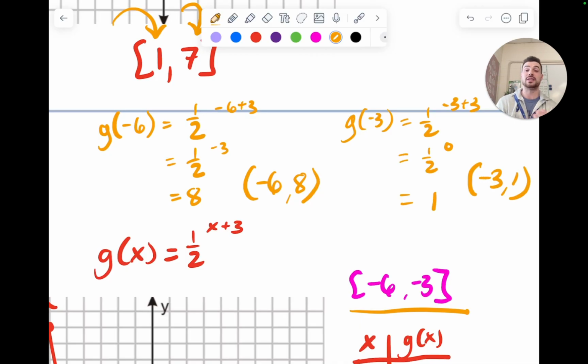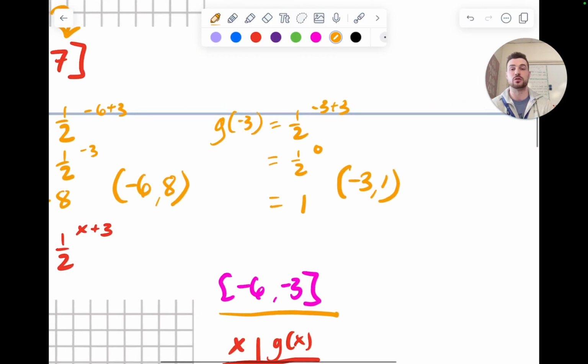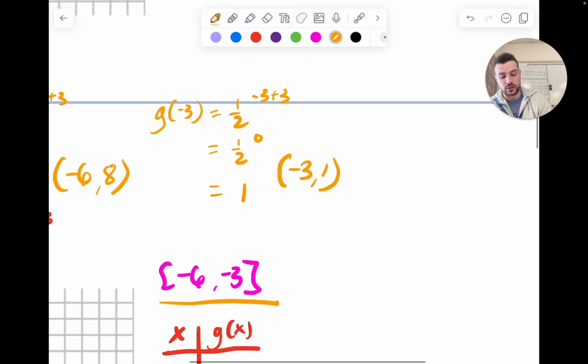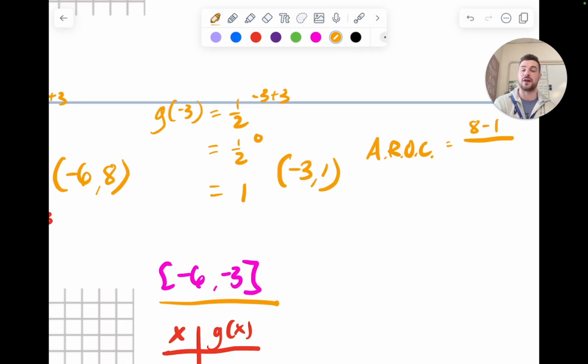All I have to do is calculate the slope between those 2 points. So we are going to find the average rate of change by subtracting their y values. So I'm going to do 8 minus 1, and then I'm going to divide the subtraction of their x values. -6 minus -3.